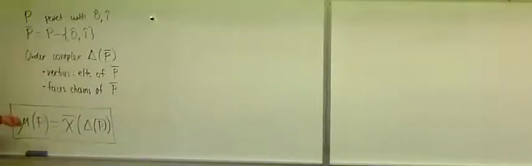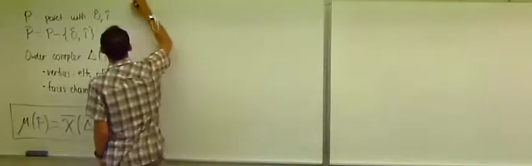And this is a very useful result, and one thing that it does is that it tells us that these Mobius numbers, we have already interpreted them combinatorially. We have interpreted them algebraically in terms of Hopf algebras, but they also can and should be thought of as a topological quantity. Okay. So this is what we proved last time, and I want to talk about an application of this.